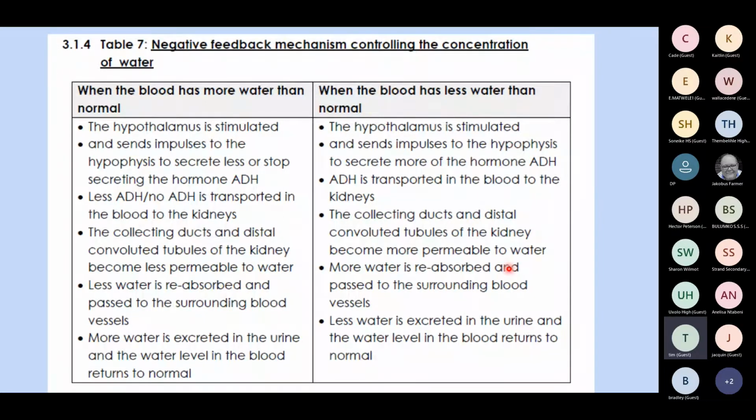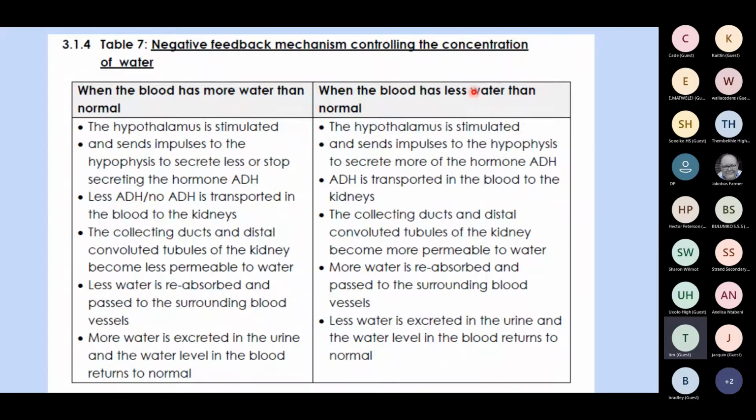Look at the differences in your table. Less water, the hypothalamus is stimulated. The hypophysis secretes more ADH. More ADH will go to which target organ? Kidneys. What's happening in the kidneys?